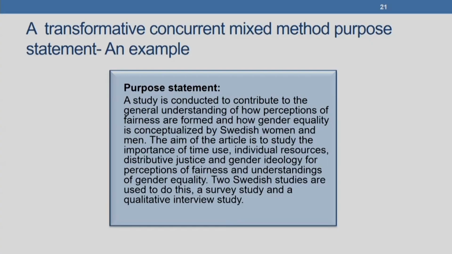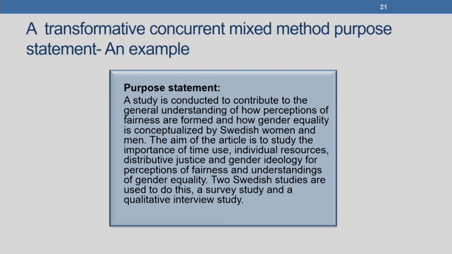Okay, now this is a transformative concurrent mixed method purpose. So, here a study is conducted to contribute to the general understanding of how perceptions of fairness are formed and how gender equality is conceptualized by Swedish women and men.